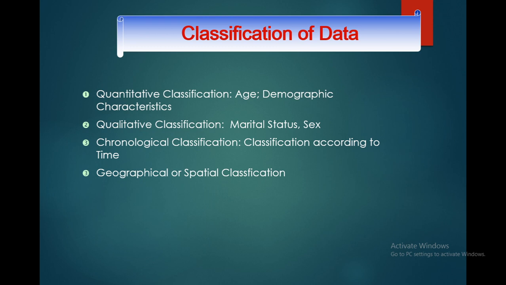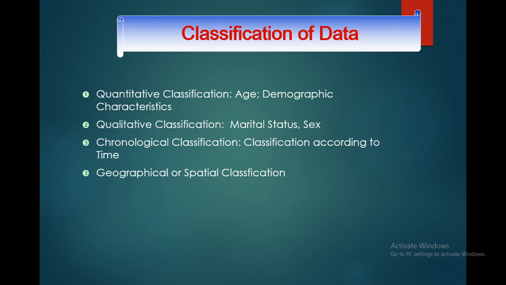The third one is chronological classification. Chronological classifications are the classification where we classify data according to their occurrence. The data which occurs first is taken on first, and then the second occurrence is put on second, and so on.